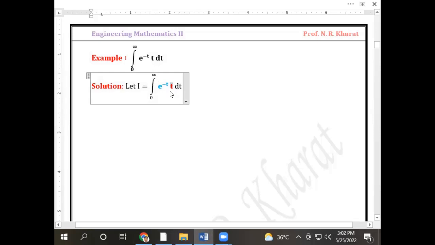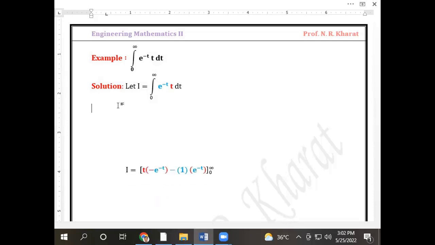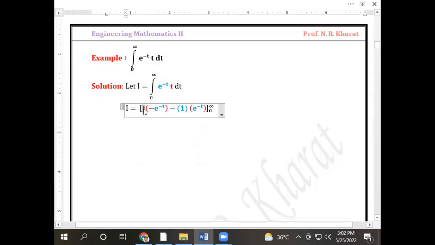We know that if an algebraic function and another function are multiplied and we have to find the integration, it can be found with the help of the generalized formula of integration. The first function, t, remains as it is. We have to find the integration of the second function.